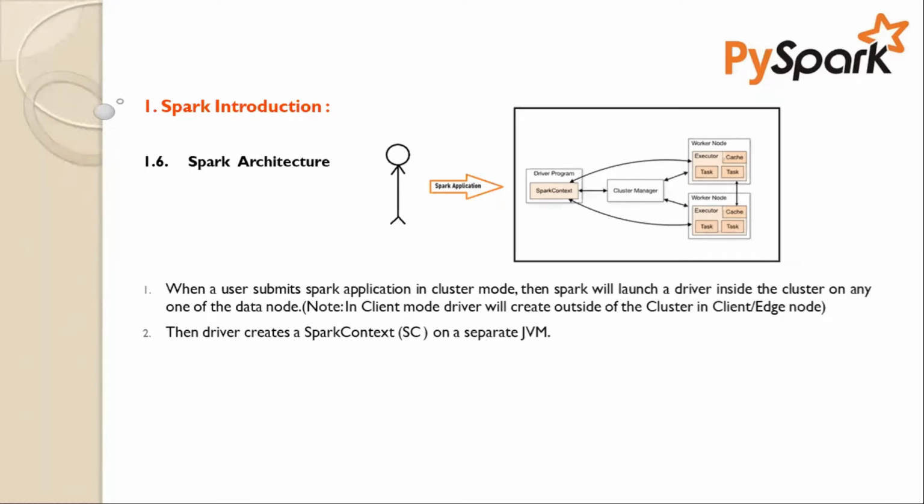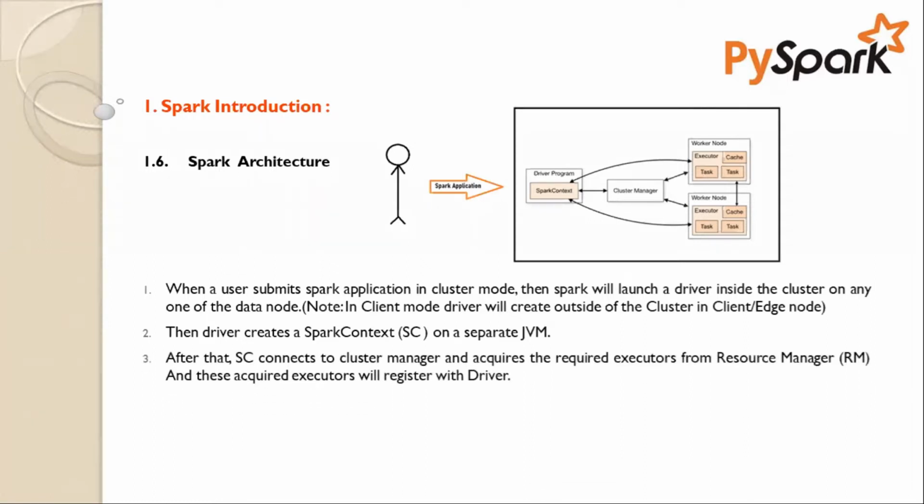From 2.x onwards, people are calling it SparkSession. So the driver will create SparkContext or SparkSession and a separate JVM, where the driver resides. Third, once SparkContext or SparkSession is created, it will connect to the cluster manager and try to get the resources.